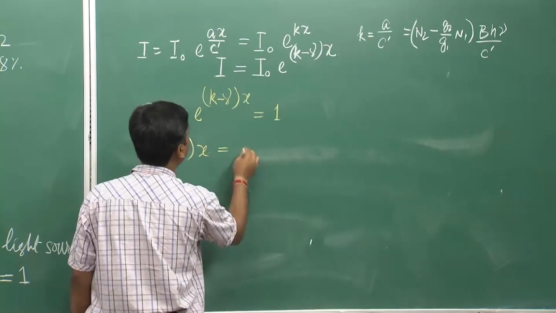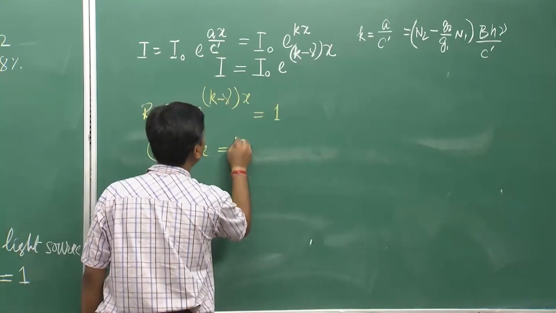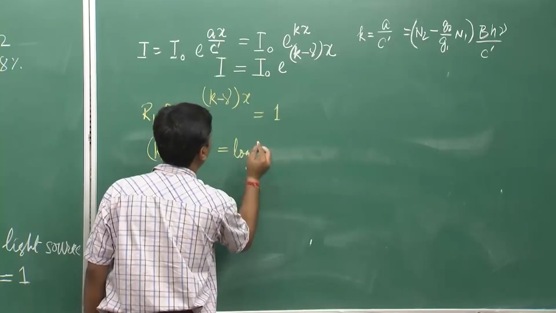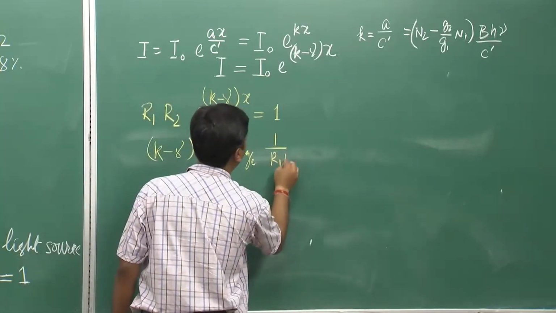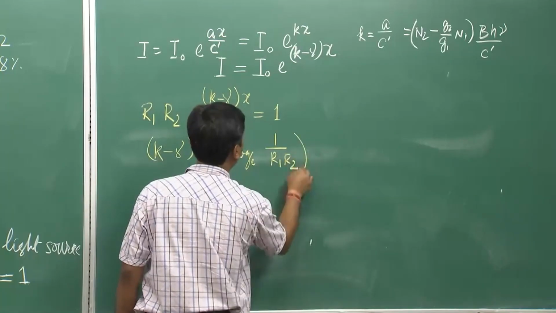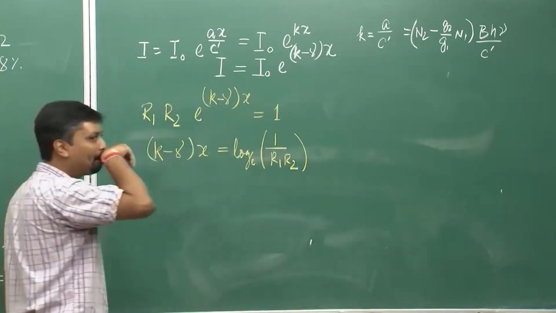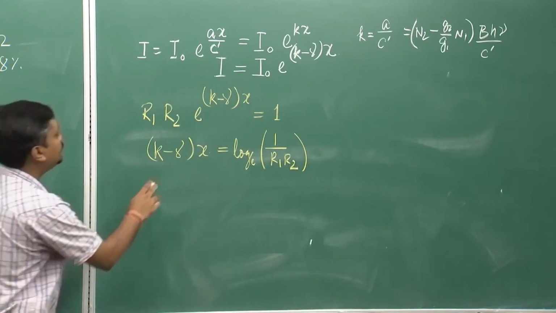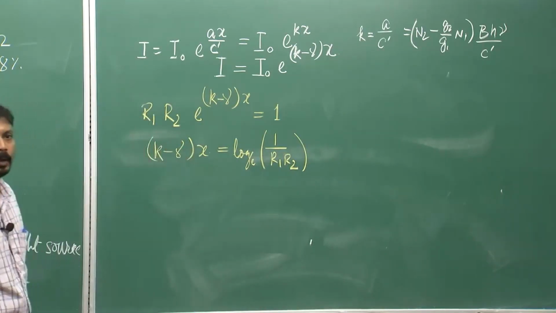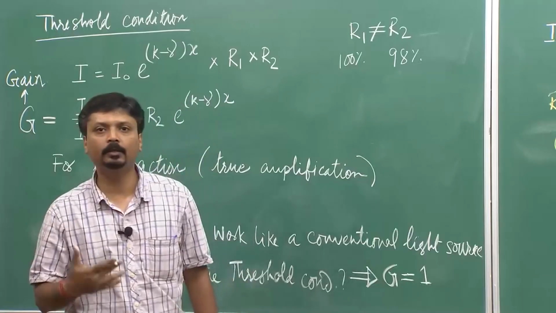If I take the logarithm, base e, I get log e of 1 by R1 R2. Now, what is this x actually? We have been writing about the distance.